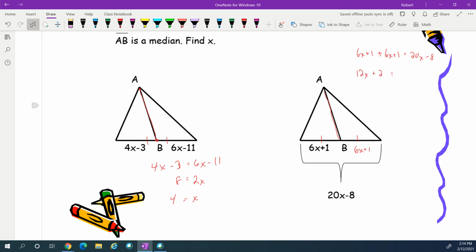That's 12x plus 2 equals 20x minus 8, so 8x equals 10. And it looks like we have 5/4. Let's see: 6x plus 1, 6x plus 1, 12x plus 2. That's an 8, that's a 10, 5/4. Okay.